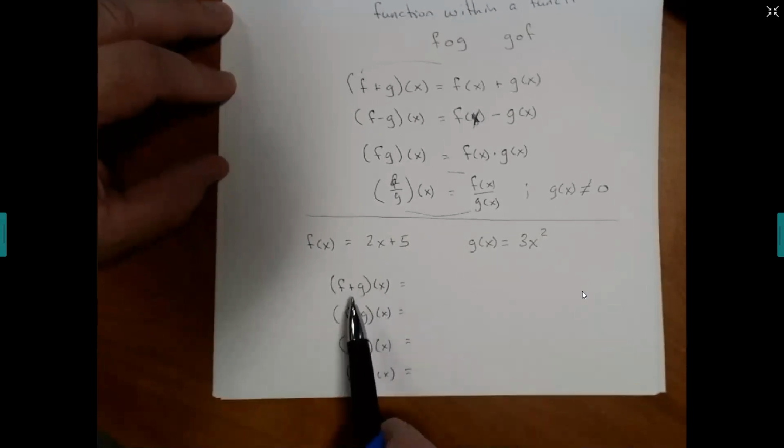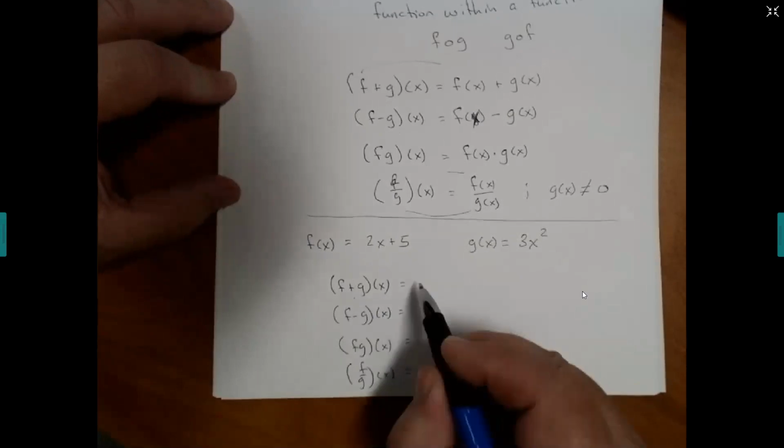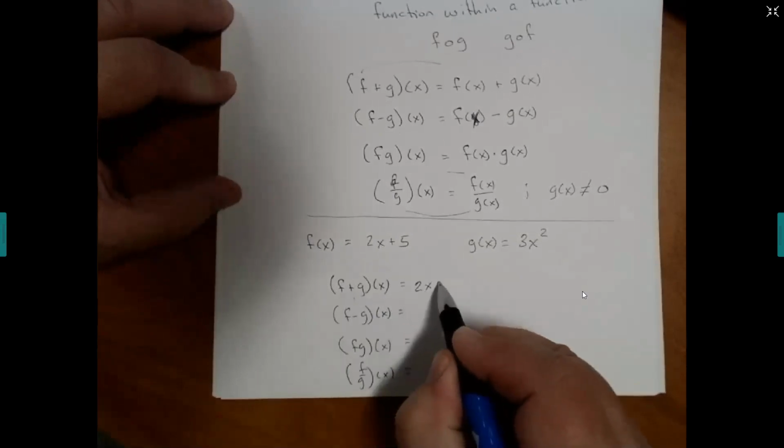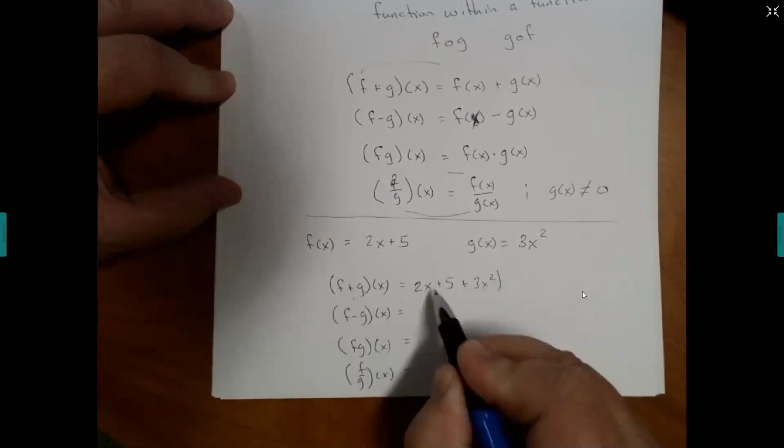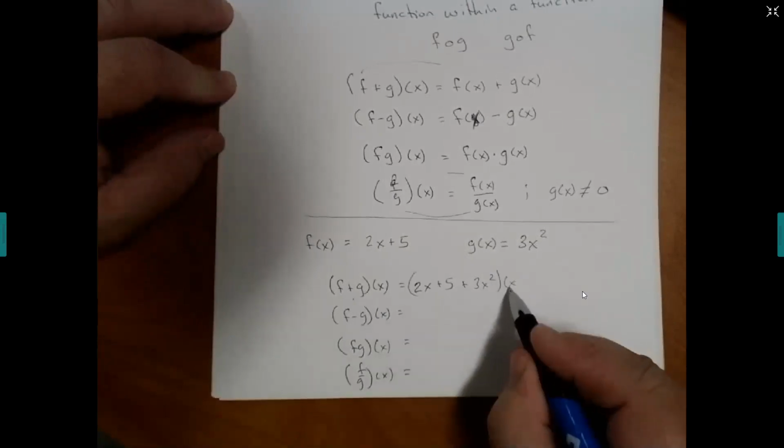So what the first one says here, we can either add the two functions together first. We can go 2x plus 5 plus 3x squared before we plug in the value of x.